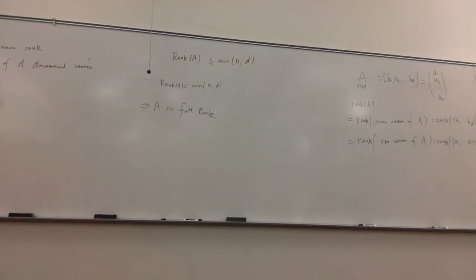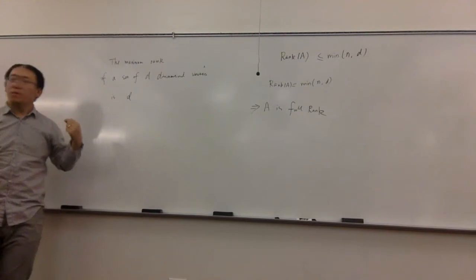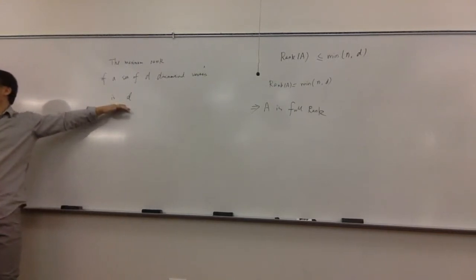This is something you must have met before in your linear algebra class, but it's easy to forget. But this is a very important conclusion. Given a set of d-dimensional vectors, you can find an arbitrarily large set of them, but the rank for this set is at most d.